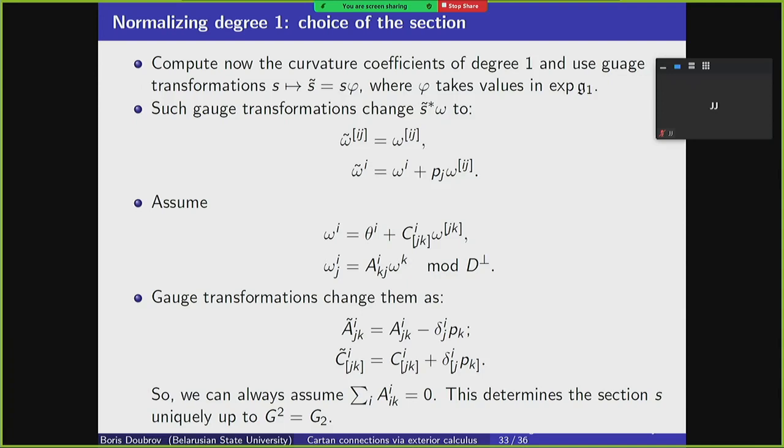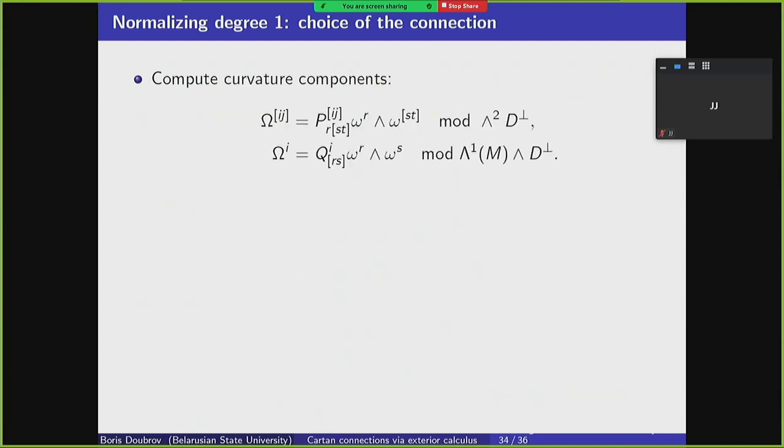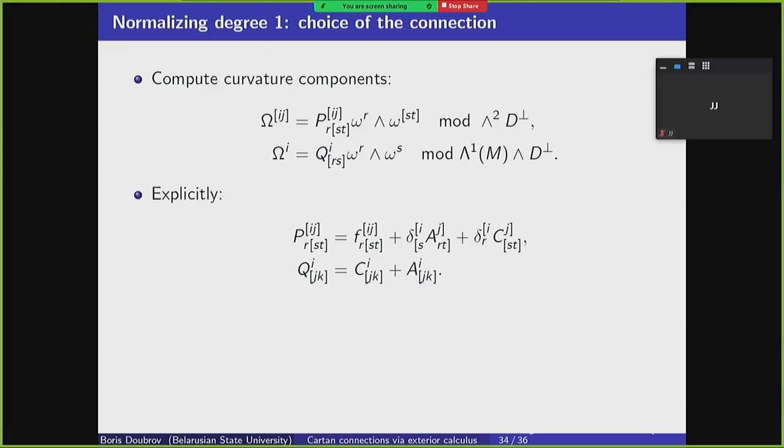We are trying to uniquely determine our connection form, and in this case, we are trying to uniquely determine tensors A and C here. How do we do that? We show how A and C show up in the curvature. This is the formula. And our normalization would be then Q equal to 0 and the total trace of P equal to 0.